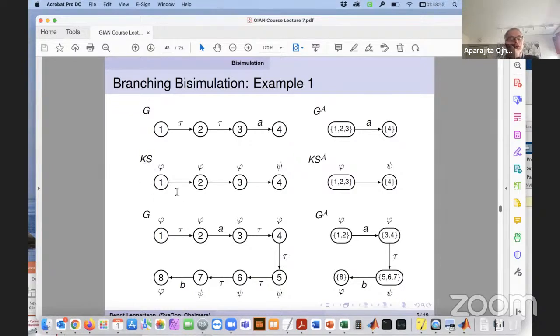Kripke structure is an alternative, which also is captured by my formulation here. And that means that I can also work with state labels instead of transition labels. So in this case, I have the same state label in the first 3 states and a different one in the 4th state.